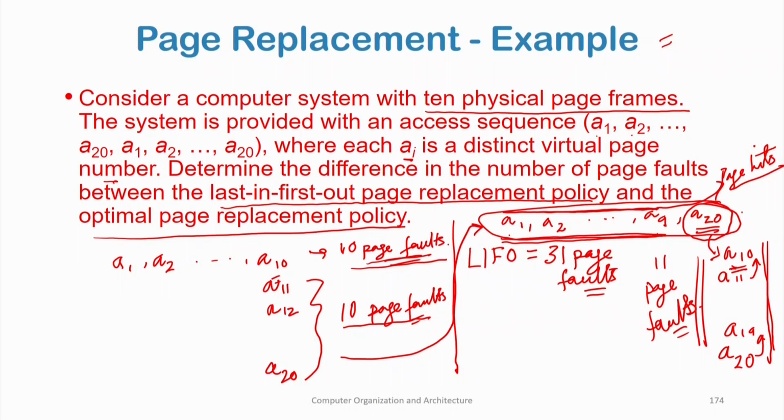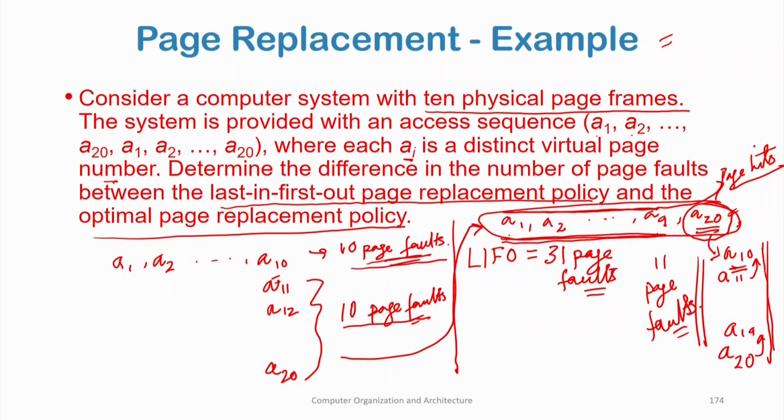When A10 comes in, which page will the optimal page replacement policy replace? It will replace any one of the pages between A1 and A9, but it will not replace A20, because it knows that A20 will be needed again.